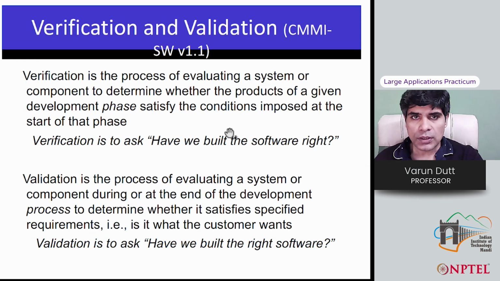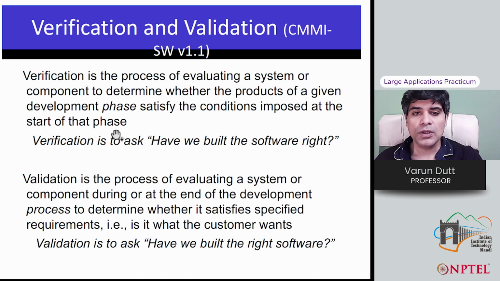There are two terms which keep occurring in the software engineering process, particularly related to software testing: verification and validation. Verification is the process of evaluating a system or component to determine whether the product of a given development phase satisfies the conditions imposed at the start of the phase.